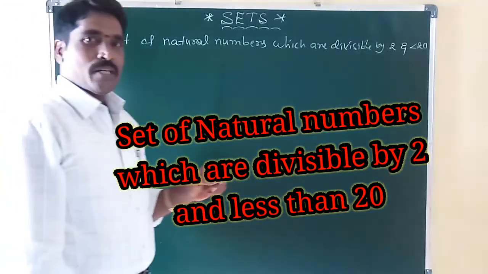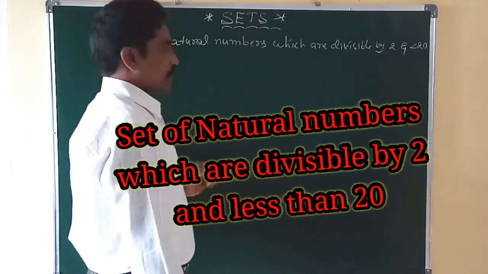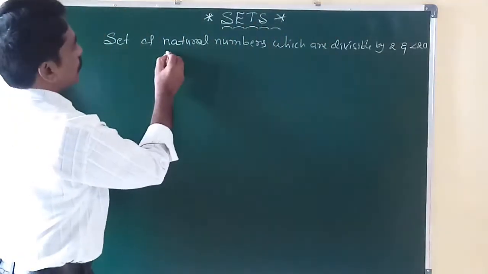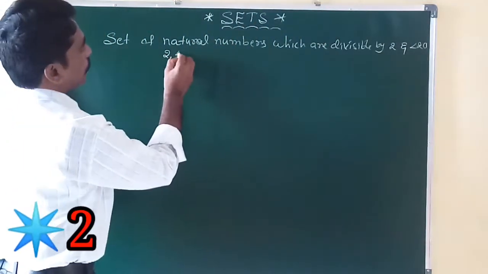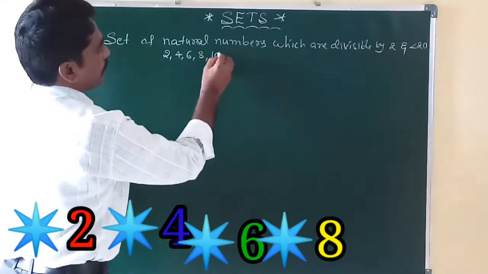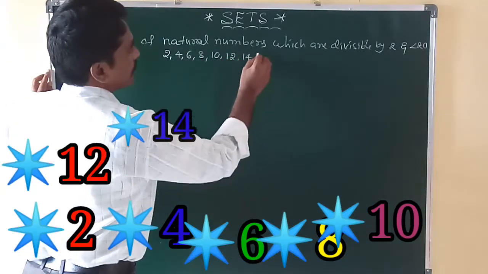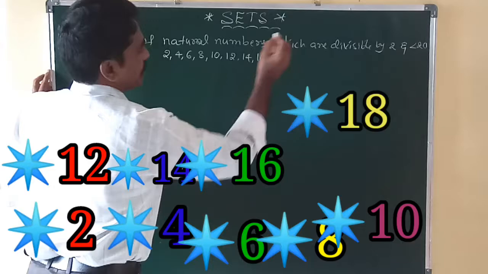What are the natural numbers divisible by 2 and less than 20? Yes, they are 2, 4, 6, 8, 10, 12, 14, 16, 18.